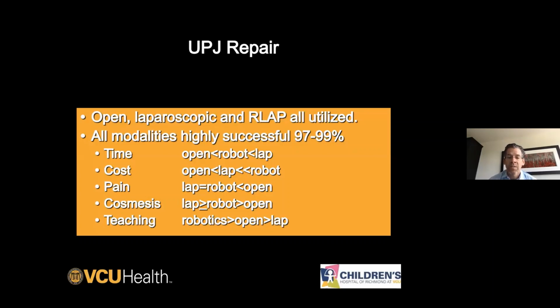In terms of cosmesis, without question, the little bitty port sites that you place heal better than an open incision. The incisions that you make as a baby may be 2.5 centimeters or 2 centimeters, but they grow with the patient. So I think it's reasonable, if you have the ability to do this robotically, that if you have a similar outcome but a better cosmesis, it's reasonable to offer this.